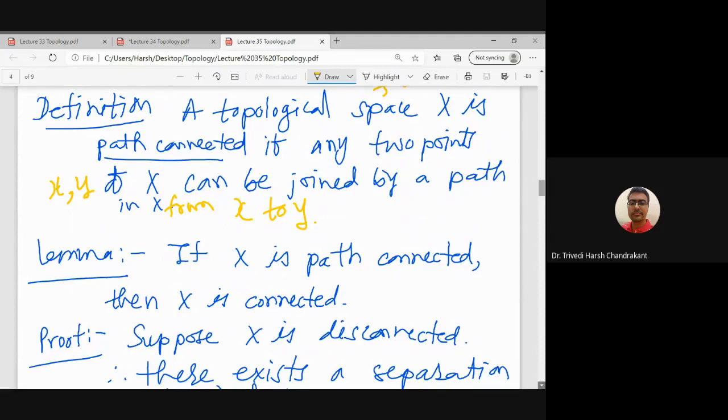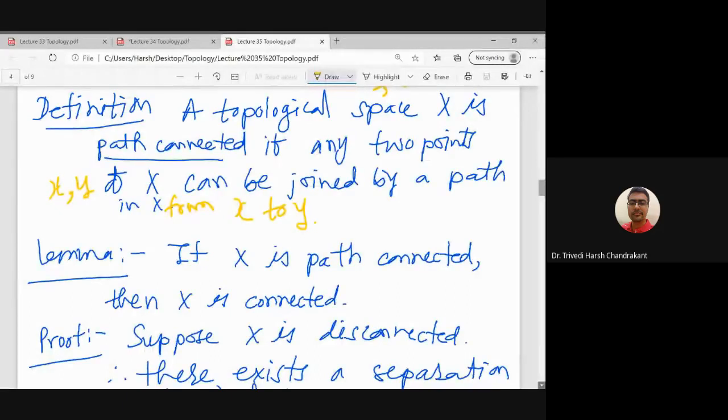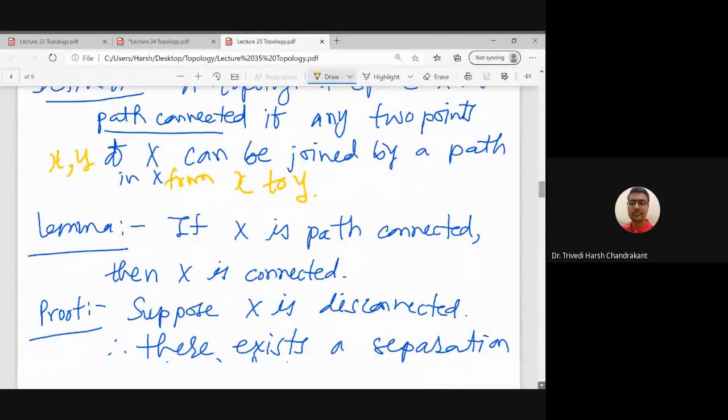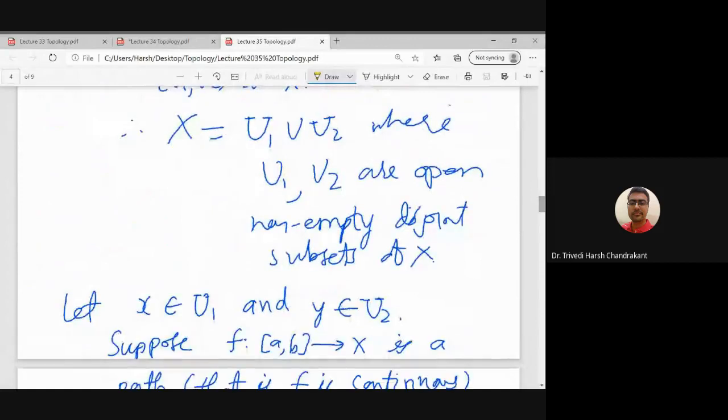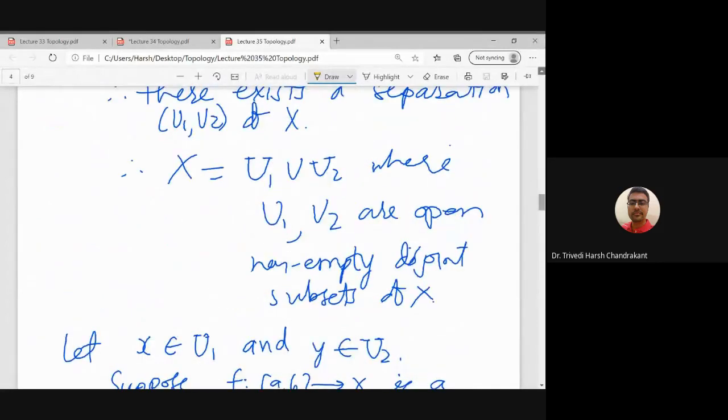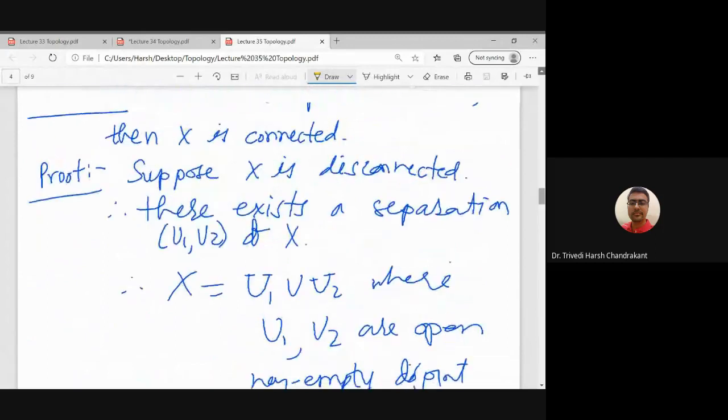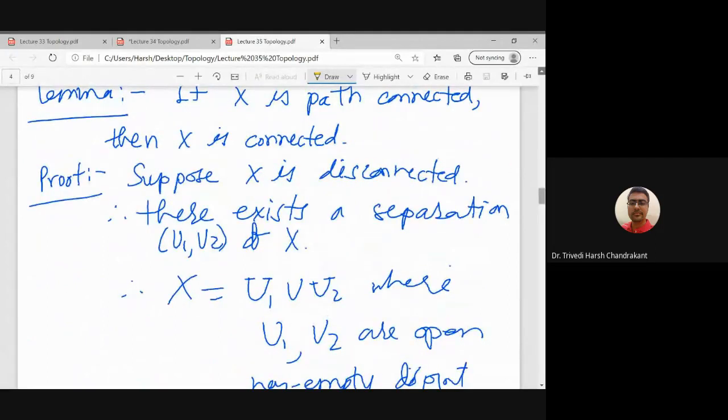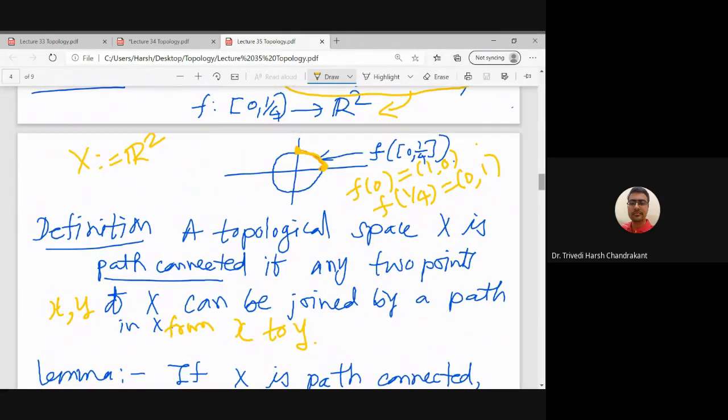To prove this particular lemma, first we will assume as usual that this space is disconnected, so we will prove by the contradiction method. If X is a disconnected space, then we will find a contradiction. We know that if X is disconnected, then there exists a separation u1, u2 of X, which we can find by the definition of disconnected space.